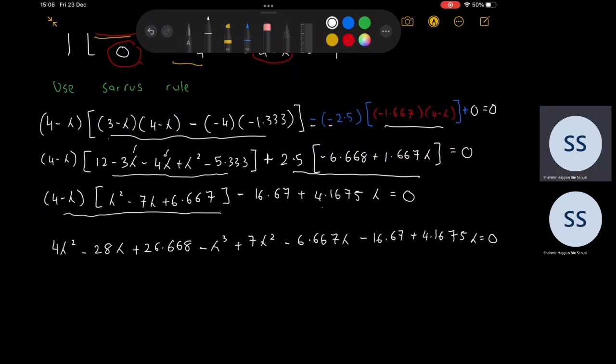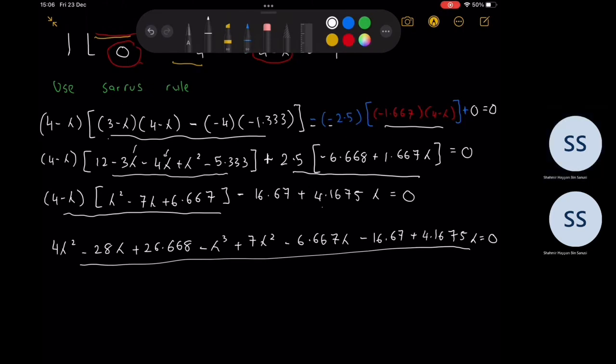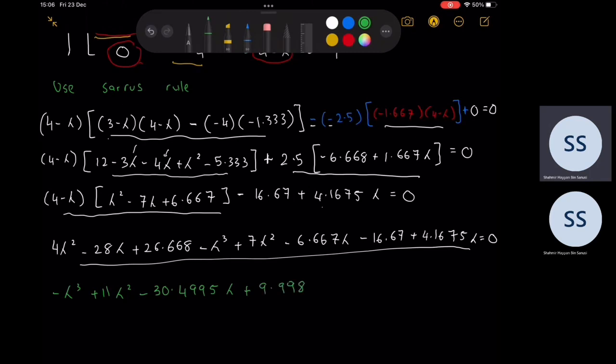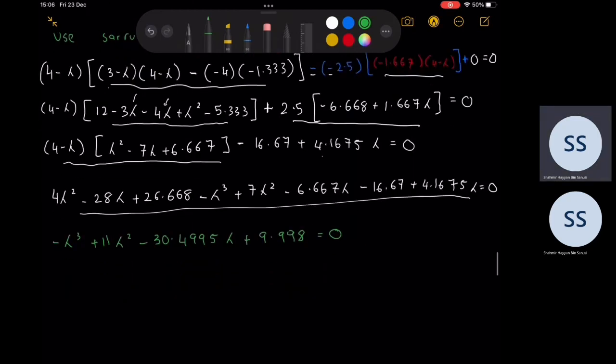So next we simplify all of this. It becomes negative lambda to the power of 3 plus 11 lambda squared minus 30.4995 lambda plus 9.998 equals to 0.